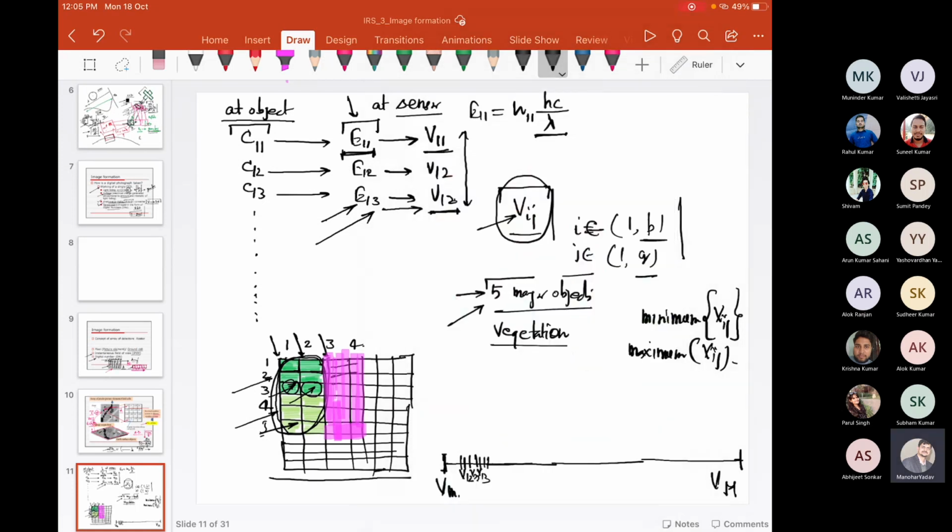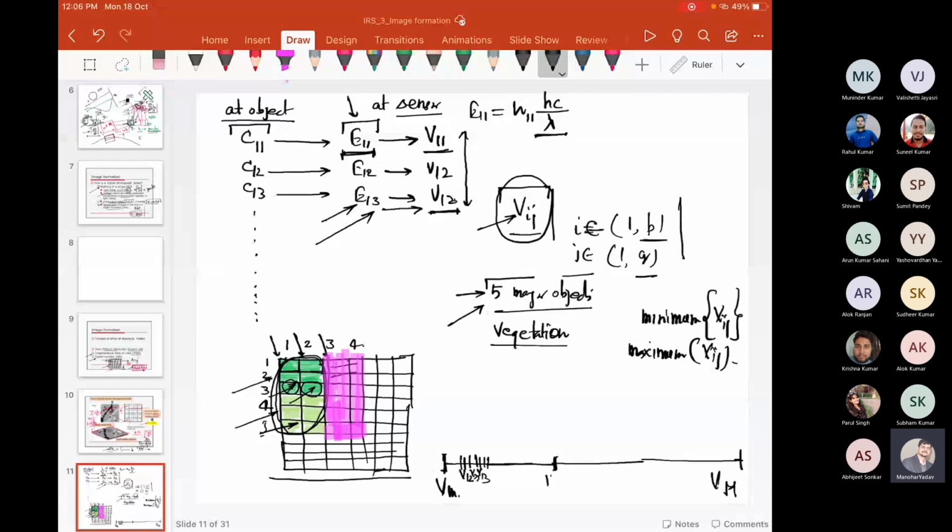In that case, based on the reflectance of the objects which are lying in the third and fourth columns, and corresponding to the 1st to 5th rows, let's say their reflectances are more than the objects which are present in columns 1 and 2, then what will happen?